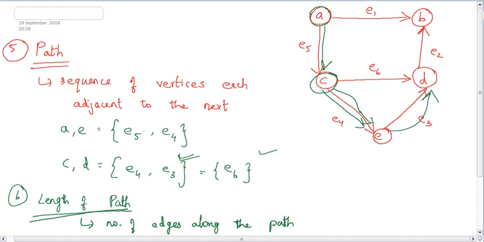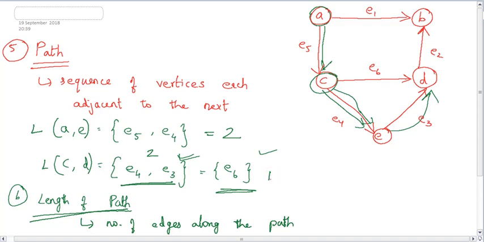So as you can see, the length of the path A, E is nothing but 2. Why? It involves two edges. Now, let us consider the length of C and D. So, if you consider this as a set, it's going to be 2, or if you consider this as a set, it's going to be 1.